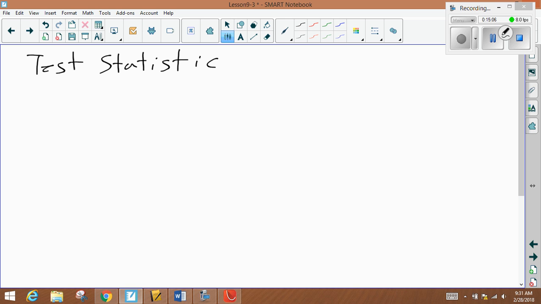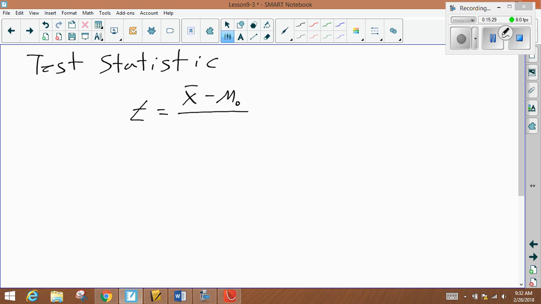And remember, it's always our statistic minus our parameter, right? So that'll be x bar minus mu sub naught, mu sub 0, mu naught.